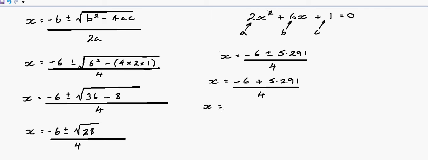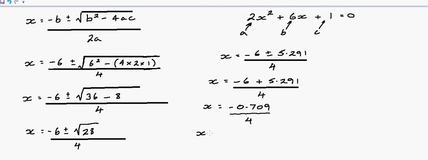So you just type in minus 6 plus 5.291 equals, and we get minus 0.709, and of course that's still over 4.